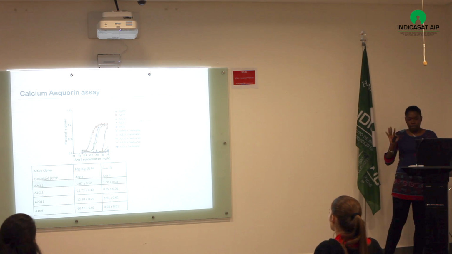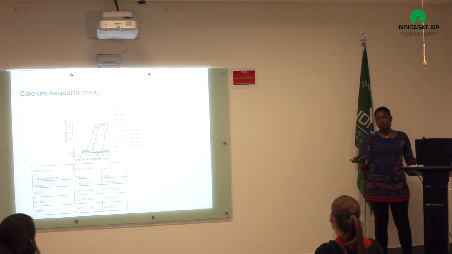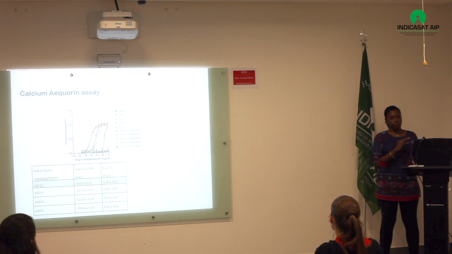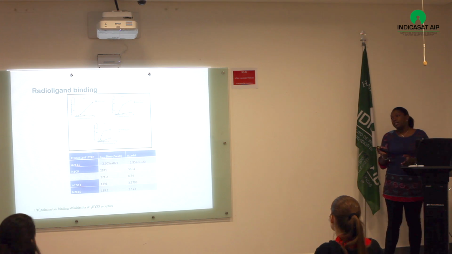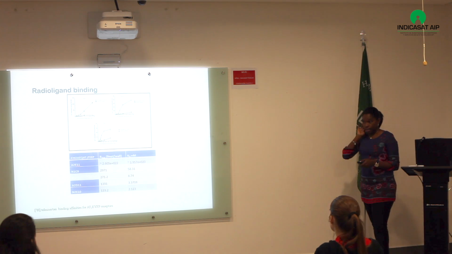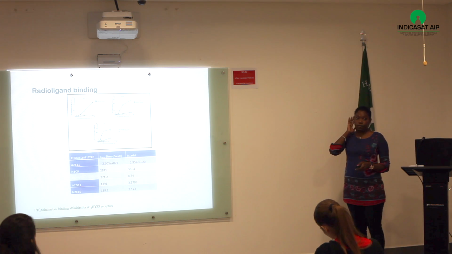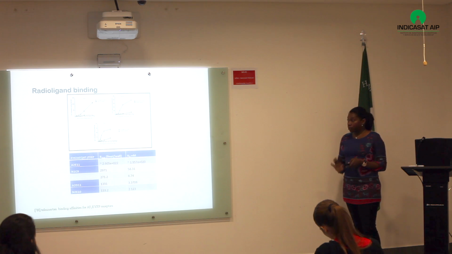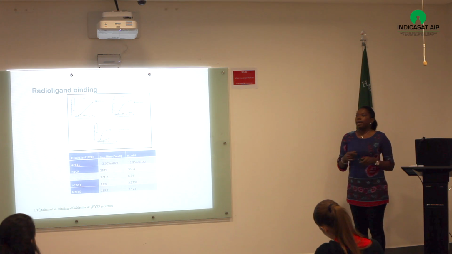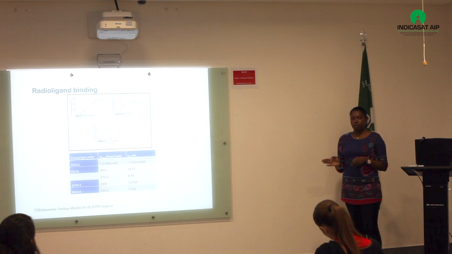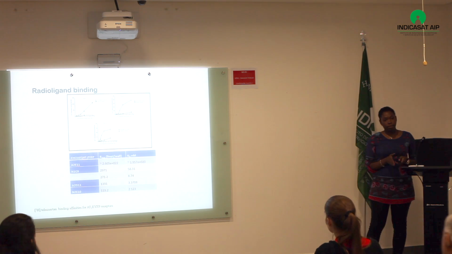Once we knew which clones were functional and their activity, we measured the radioligand binding, the binding properties of these receptors. From each clone, we observe that these clones have specific binding.